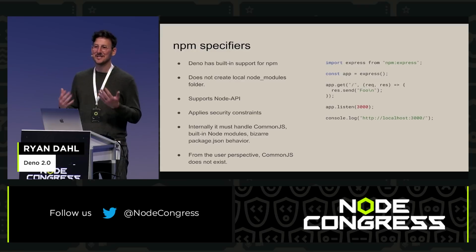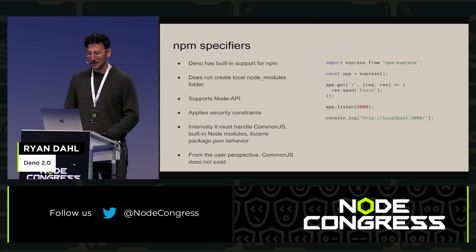The NPM ecosystem, when you start looking into it, has a lot of old code out there, a lot of CommonJS, a lot of bizarre semantics around package.json. Deno implements all of that, but it's very much hidden behind this cute npm specifier. So you can't actually use CommonJS as a Deno developer.